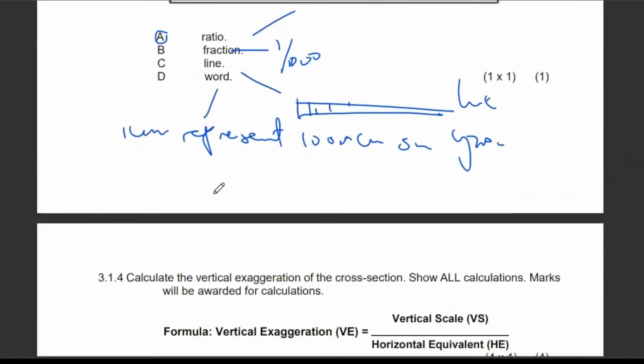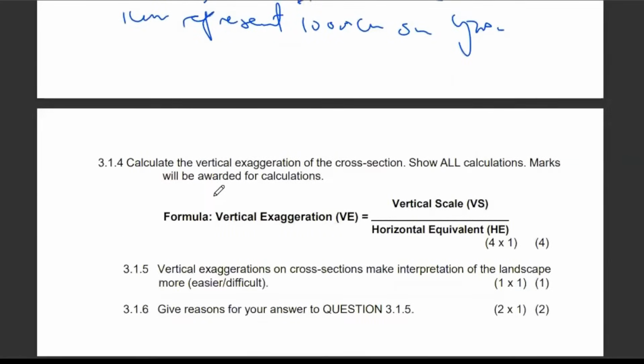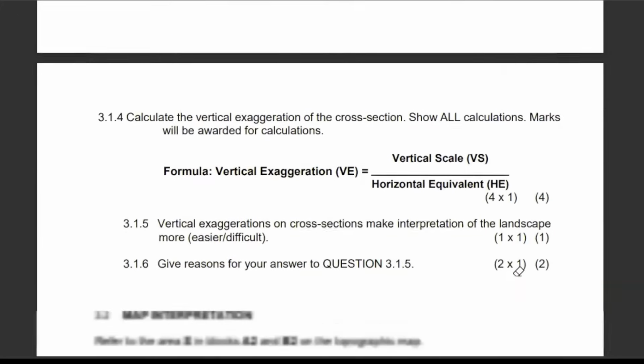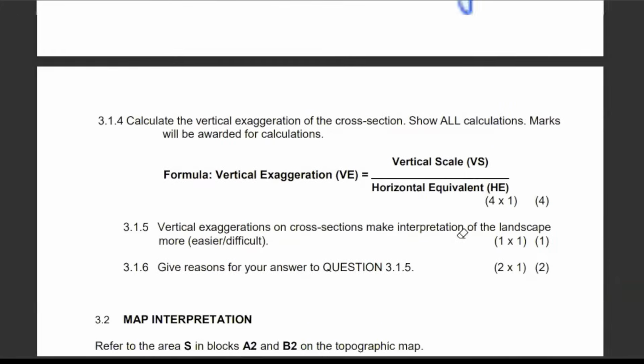1:10,000. So coming to our formula, the formula for calculating our vertical exaggeration is portrayed as vertical scale over horizontal scale. HE.